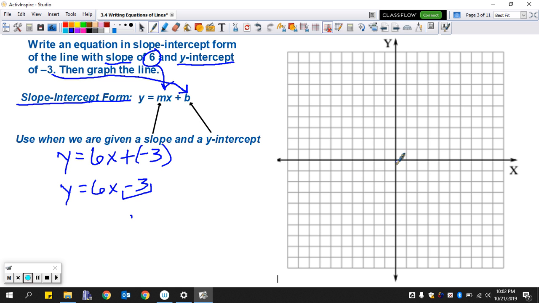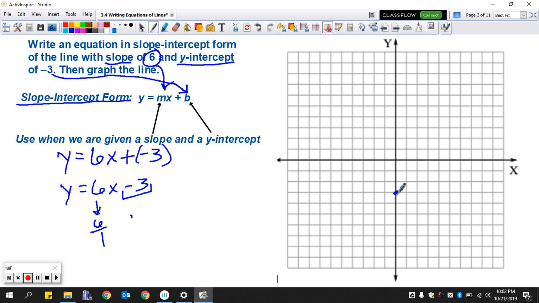That's the point where it crosses the y-axis here. So we come down here to negative 3, and we put our point at negative 3. That's usually where we're going to start. Okay, and then our slope is 6, which remember is rise over run. So that would be 6 over 1.